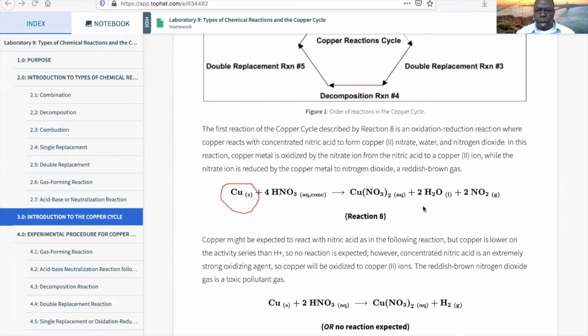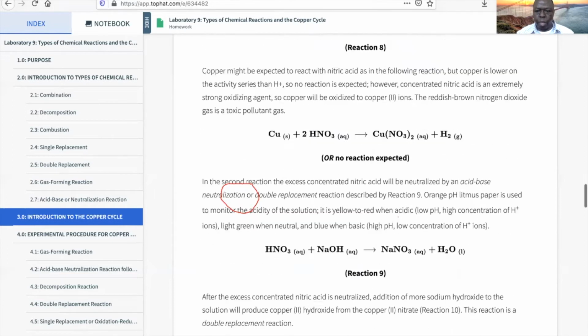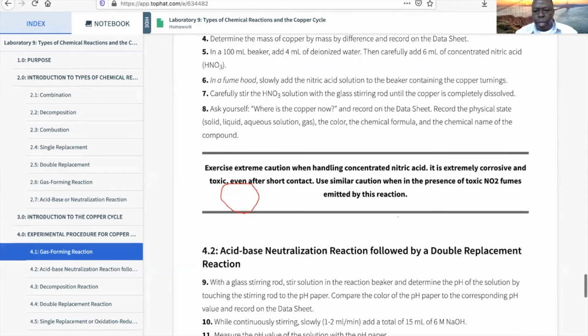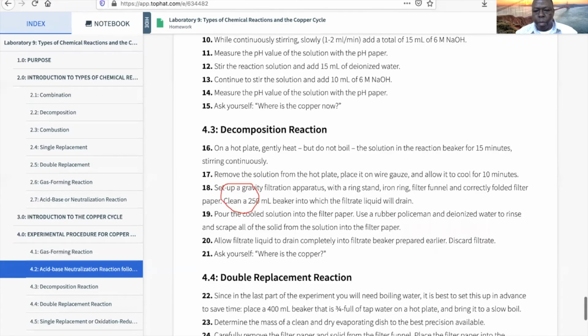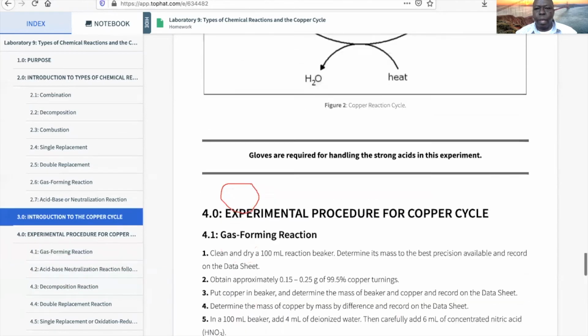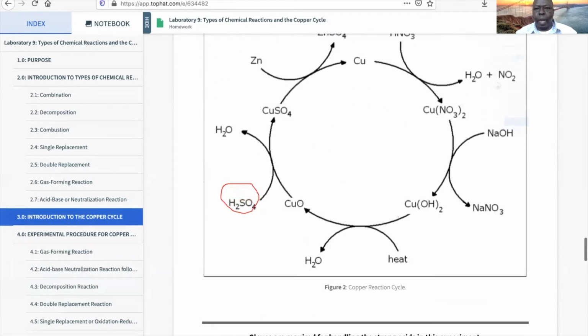The first one is copper reacting with nitric acid. If I fast forward to the last equation, which is equation 13, you'll see that copper is one of the products in the last equation.